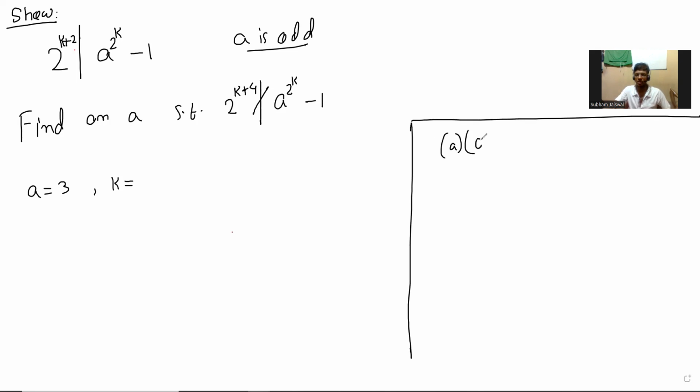Take a minus 1, a minus 2, and a minus 3, and show that this is divisible by 24. This is for any a, so I should maybe write that, any a. You should note this down.